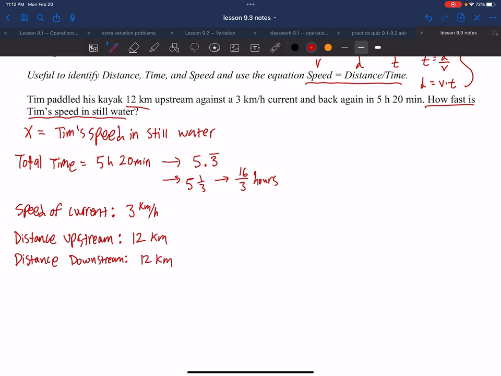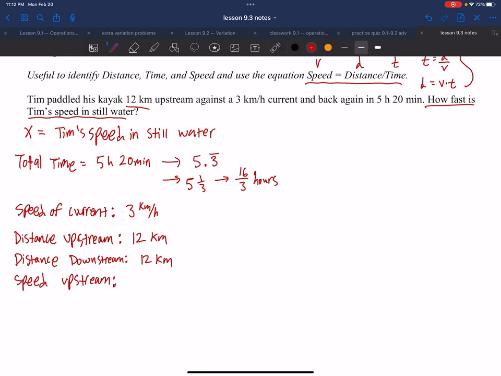Now ask ourselves, how fast is he paddling upstream? What is Tim's speed upstream? Well, we don't really know that, but here's what we do know. It's how fast he's paddling in still water, being pushed with or against the current.